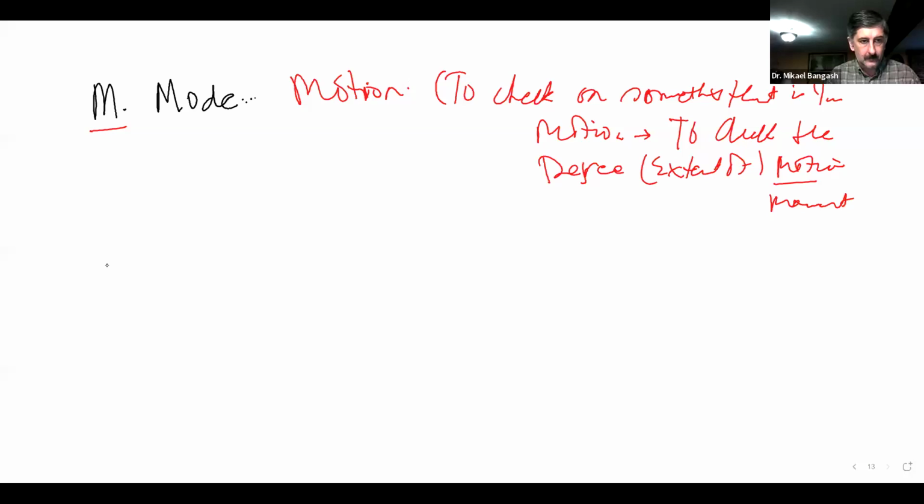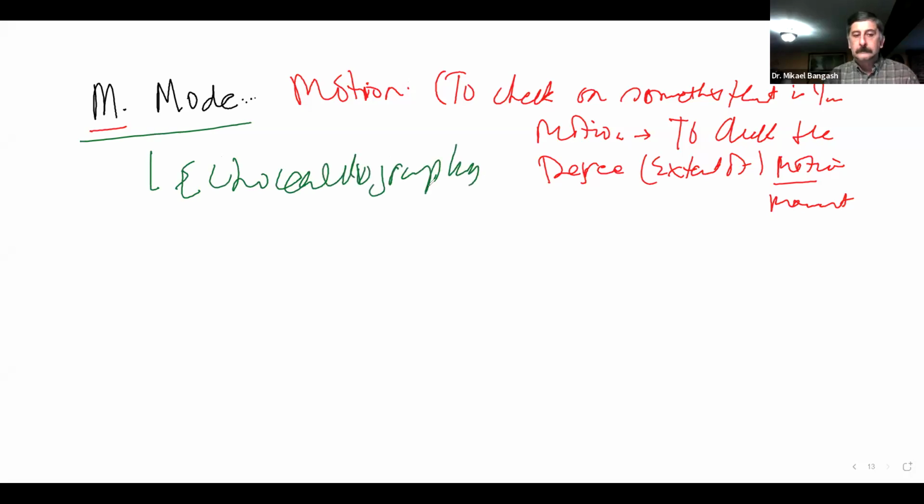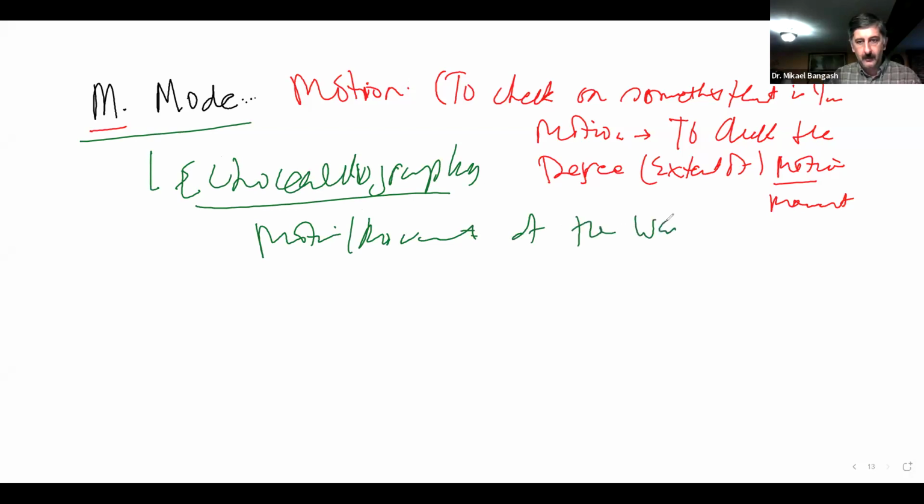So this mode is primarily going to be used for echocardiography, to check on the motion or movement of the walls of the heart and the valves of the heart.